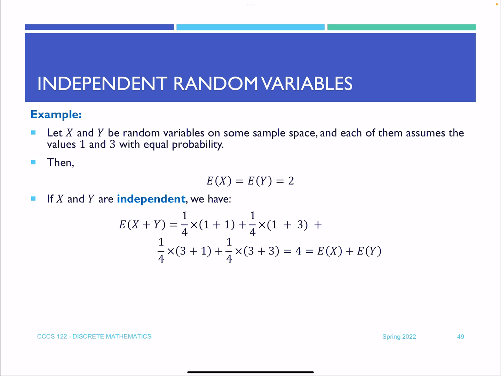So the expected value of x plus y: 1 by 4 probability that we'll see 1 and 1, a quarter probability that we'll see 1 and 3, a quarter probability that we'll see 3 and 1, and a quarter probability that we'll see 3 and 3. Solve this and the answer comes out to 4, which also happens to be the expected value of x plus the expected value of y, 2 plus 2.